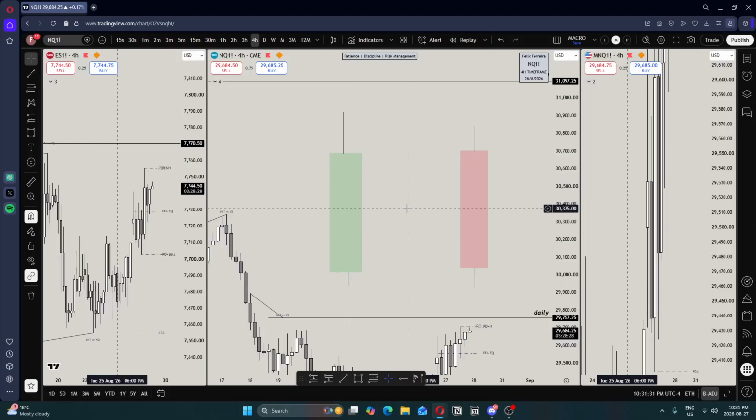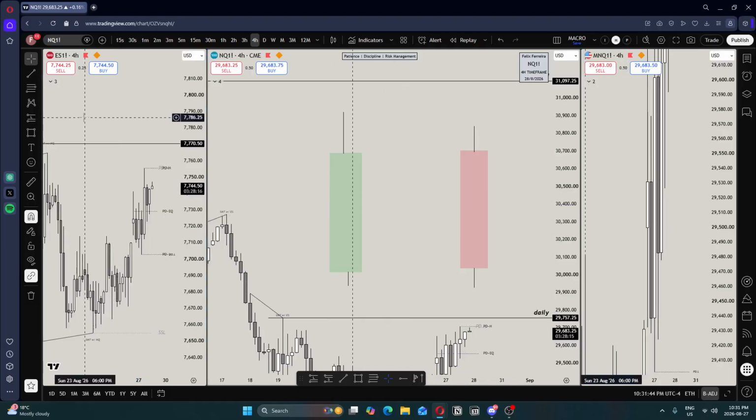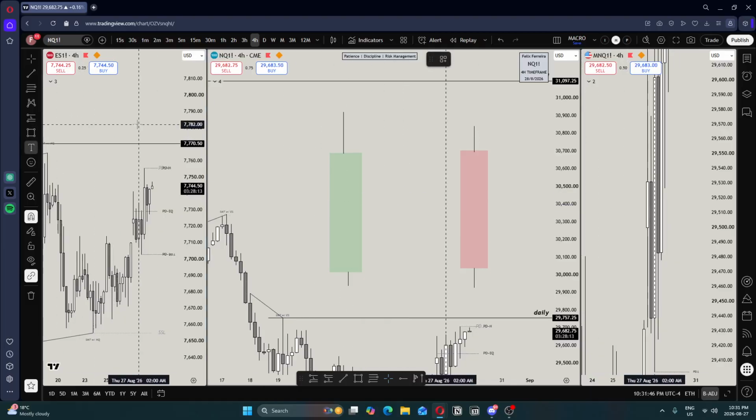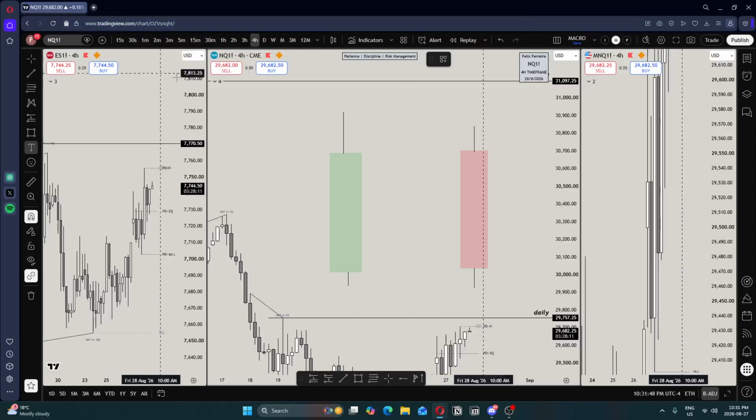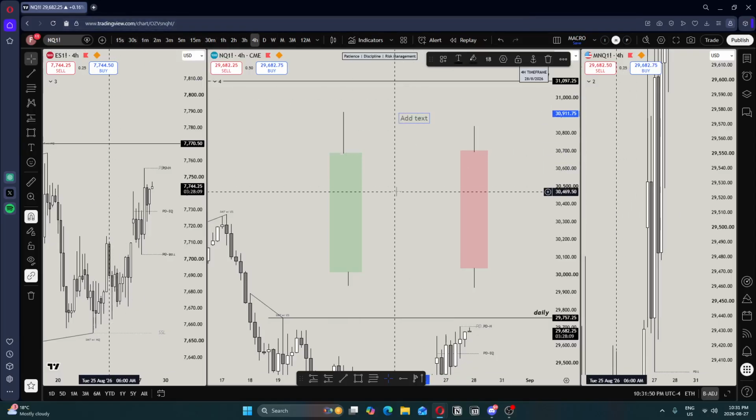What a candlestick is, it is the contents of price data for a particular period of time. For this example, and this ties into time frames as well, we're going to assume 1 minute.